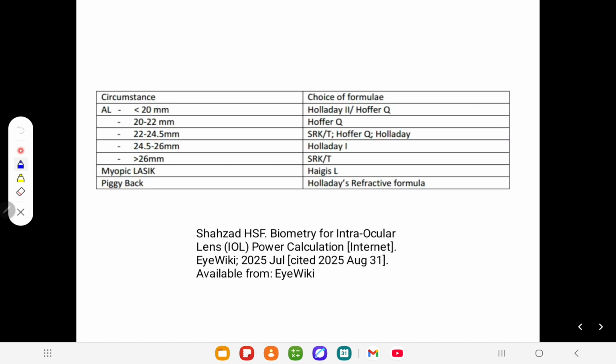See, these are the circumstances and choice of formulas that I have taken from the biometry and intraocular lens article on EyeWiki. These are the common guidelines. Axial length less than 20: Holladay 2 and Hoffer Q. 20 to 22: Hoffer Q. 22 to 24.5: SRK/T or Holladay. 24.5 to 26: Holladay 1.